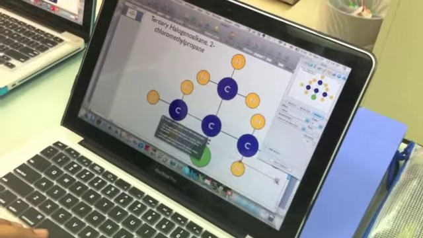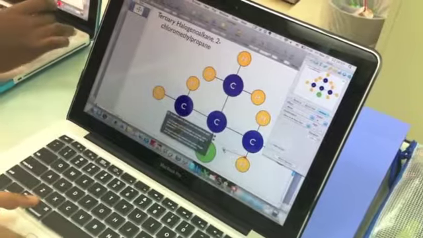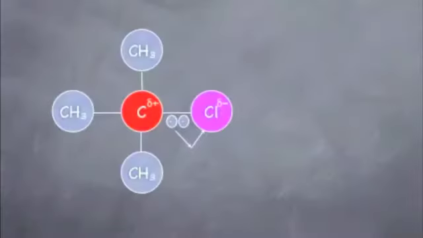So this is a student example. So when the bond breaks between a carbon and a chlorine, the electrons are more attracted to the chlorine atom because it is more electronegative.